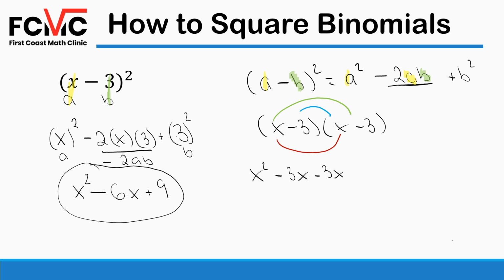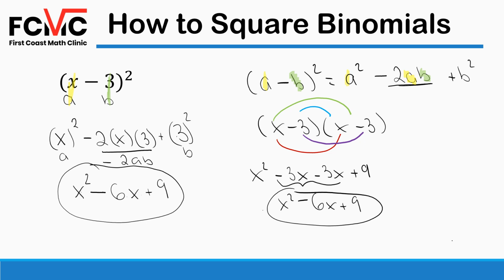And then last, minus 3 times minus 3. Negative 3 times negative 3 is positive 9. Then we can combine our middle terms: negative 3x minus 3x is going to give us minus 6x. So we get x squared minus 6x plus 9. We get the same answer both ways.